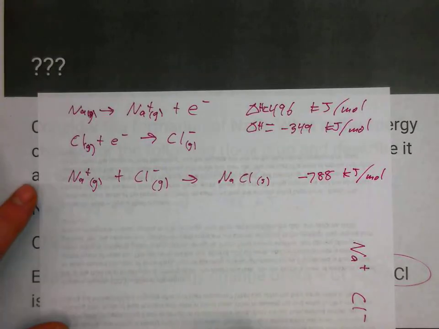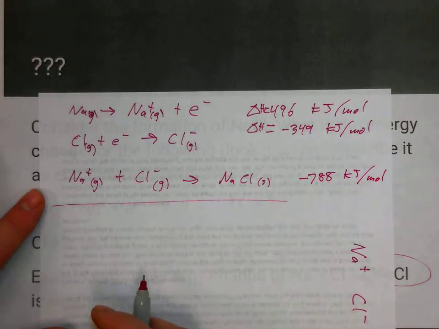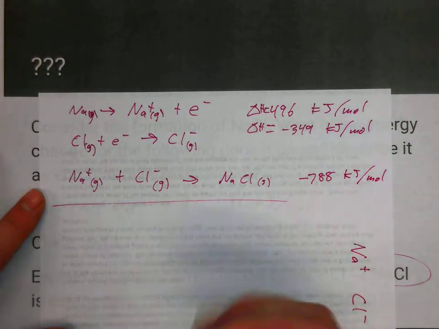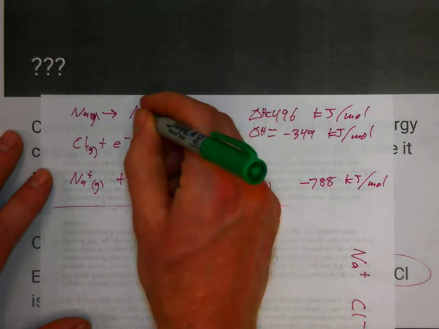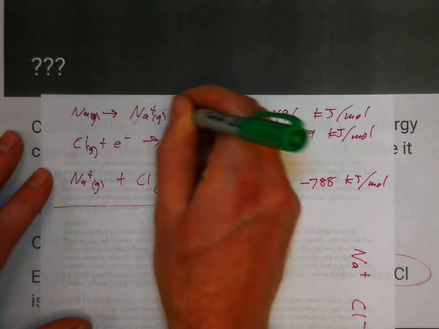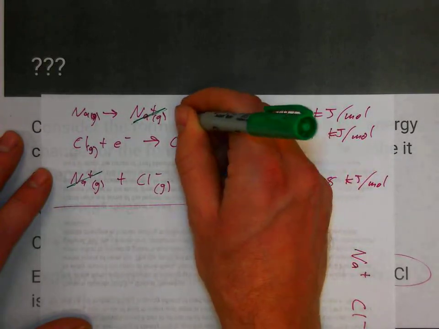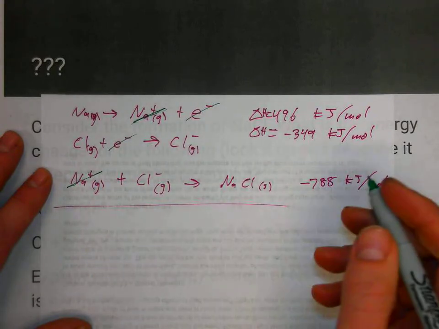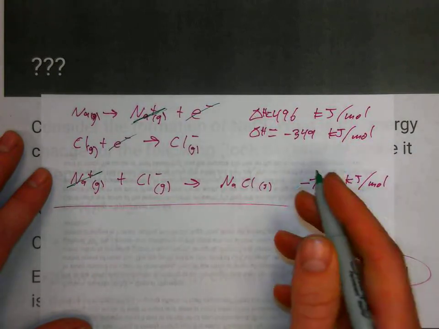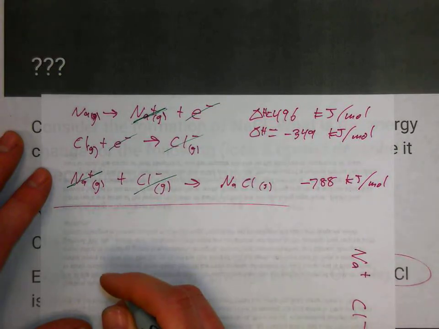All right, so now let's try adding those together using Hess's law and see what we get. If we put all of these together, the sodium ion crosses out here. The electrons are on the product and reactant side. The chloride ion is on the product and the reactant side.